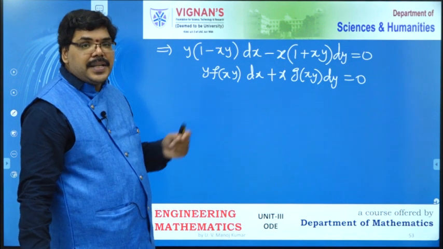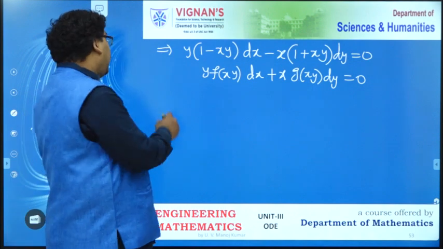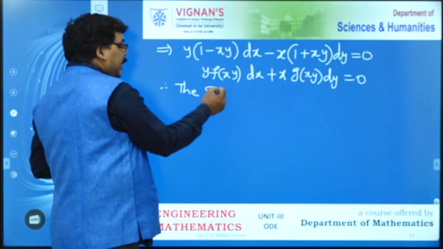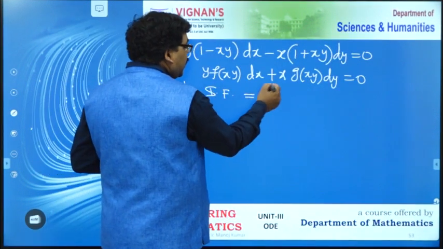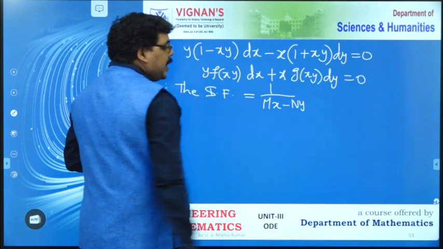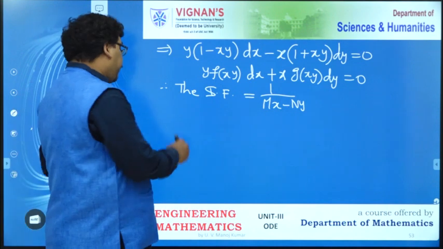What is the integrating factor for case 2? 1 by (Mx minus Ny). Therefore, the integrating factor is equal to 1 by (Mx minus Ny). So calculate what is Mx minus Ny.